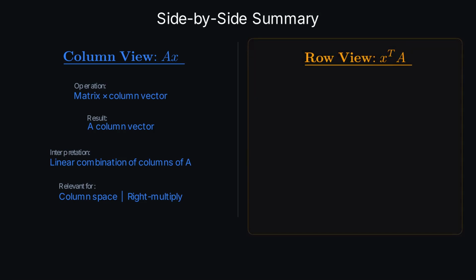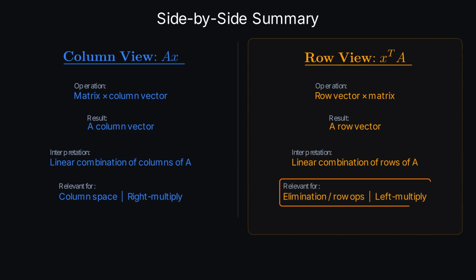On the right, we have the row view. The operation is a row vector times a matrix. The result is a row vector. The interpretation is that we get a linear combination of the rows of A. This view is relevant for elimination and row operations, and it corresponds to left multiplying.